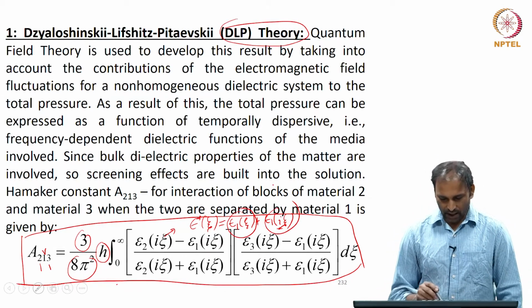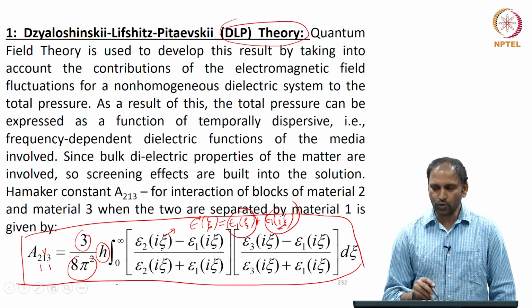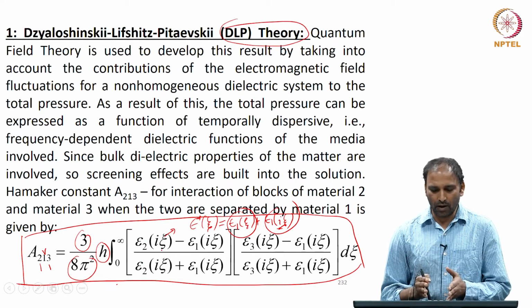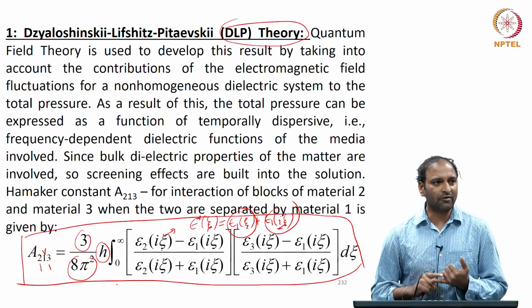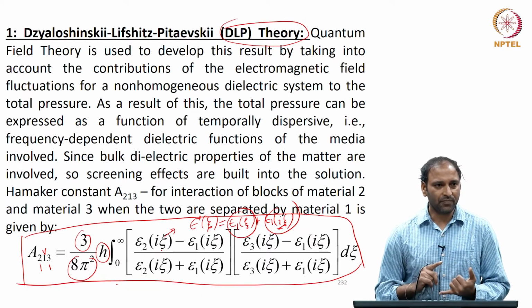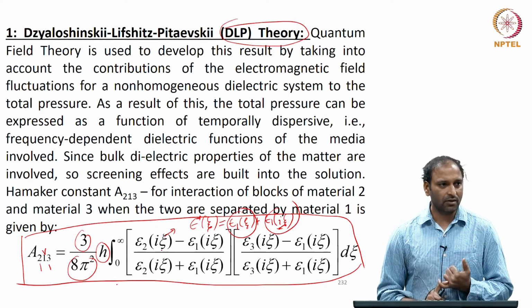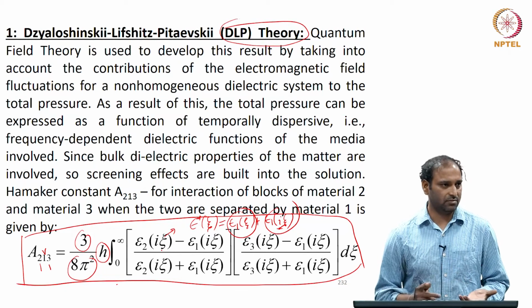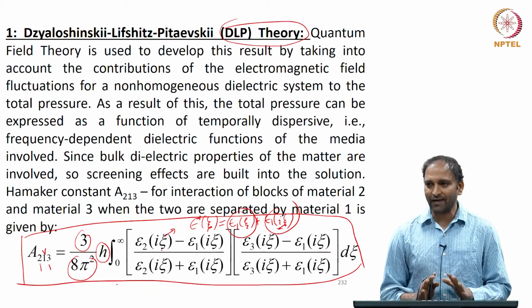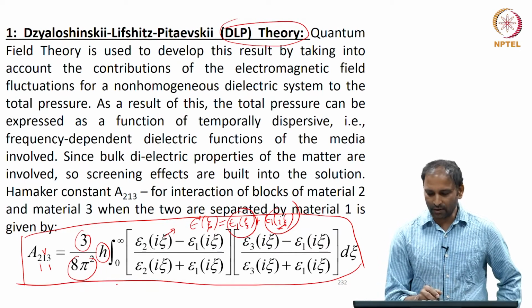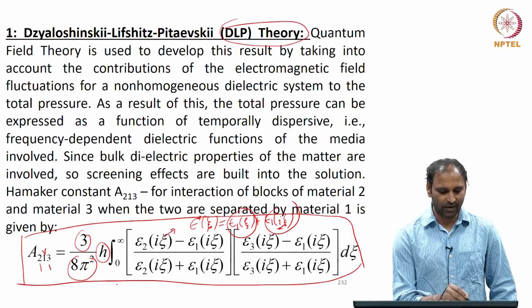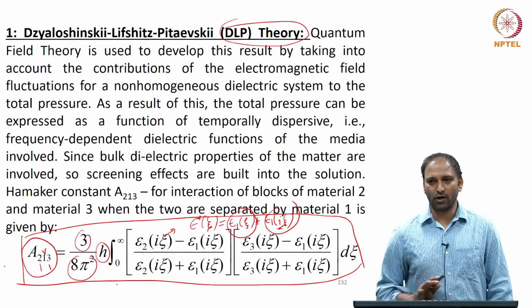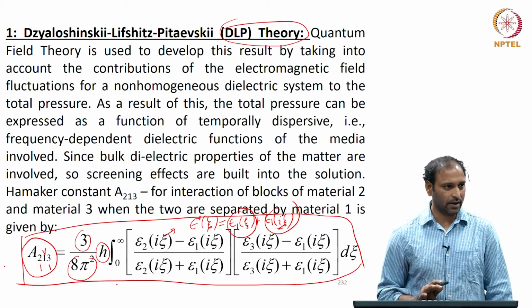What is important in this case is that I should have measured the frequency dependent epsilon for all the 3 materials of interest. Once I have access to that, I can substitute that in this expression and I can actually evaluate A212, that is all that is required at this point.